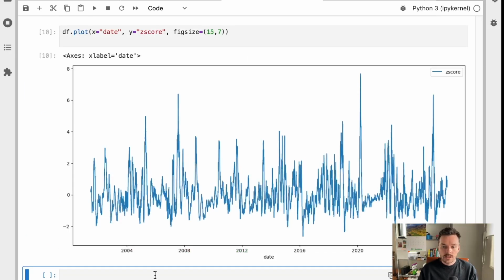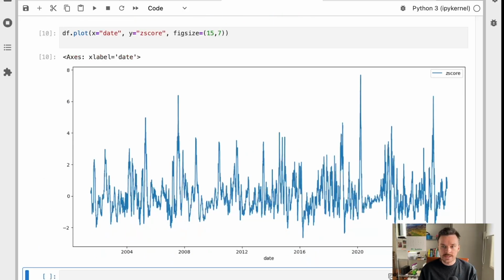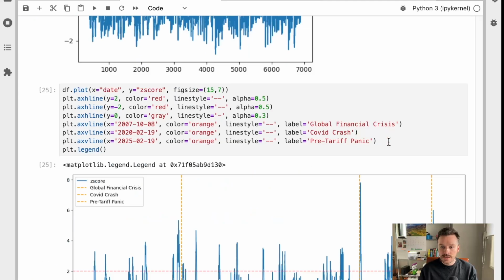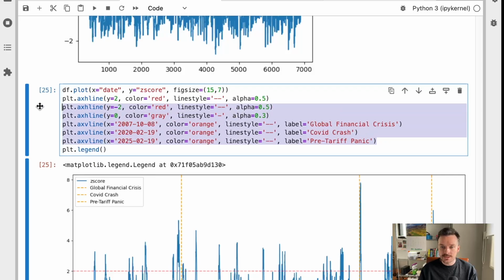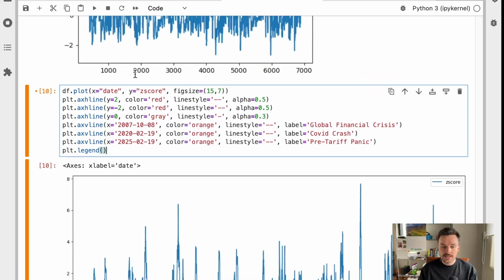Z-score. And then I'm going to add, so you don't have to watch me type this out, a few lines here that are going to make things a lot easier to see and more interesting. I'm just going to copy and paste these, and I'll explain what they do. Basically, this is just adding horizontal lines, axhline at 2 and -2. And those are just 2 standard deviations away.